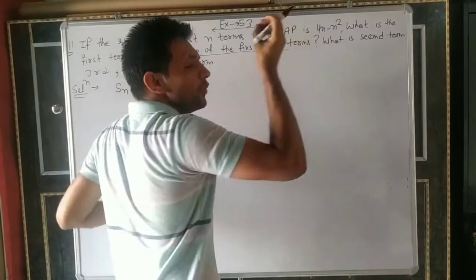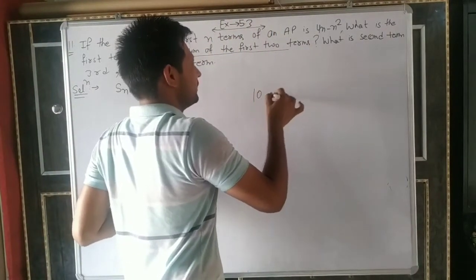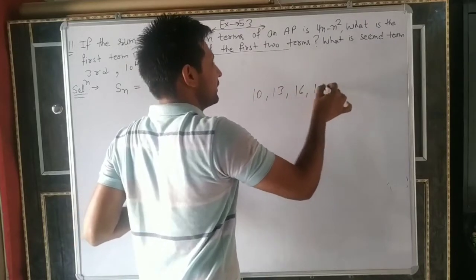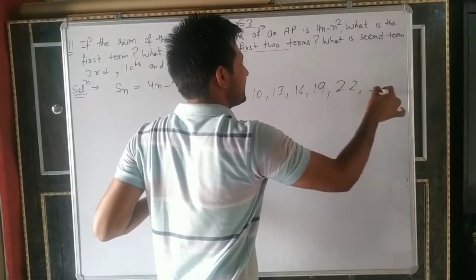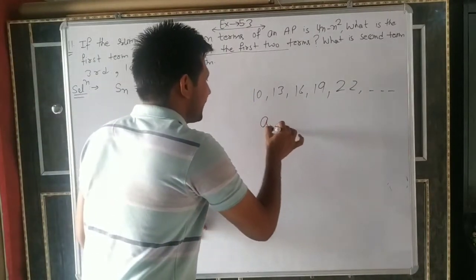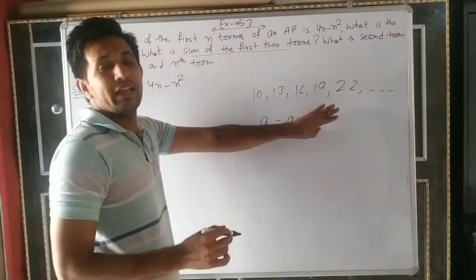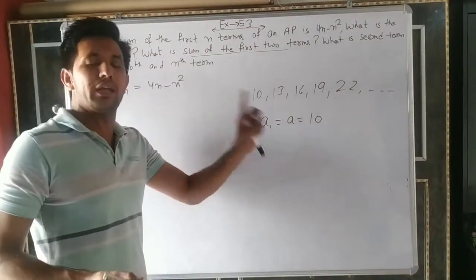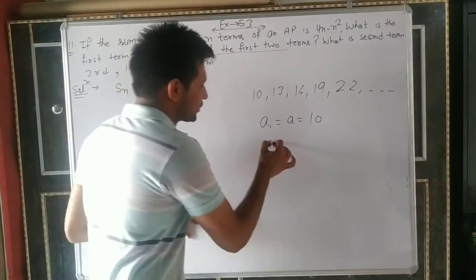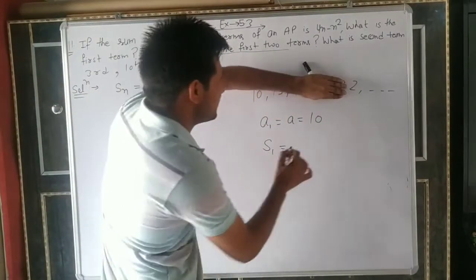Everyone knows you can take any AP, dear. Suppose we take 10, 13, 16, 19, 22. It is an AP. If I ask you what is the first term, you will say, sir, A1 equals A is 10. Because the first term is A1, and the first term we always call A. And if I ask you the sum of the first term, S1, one term is 10.